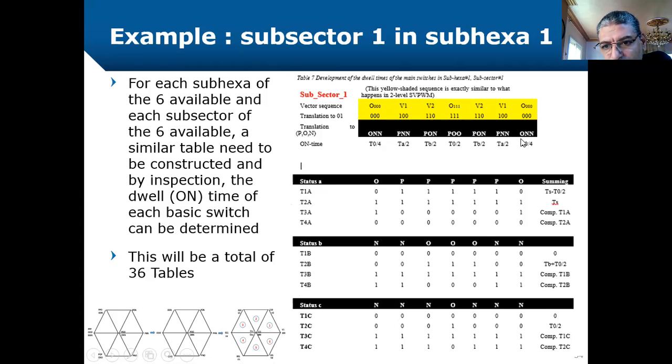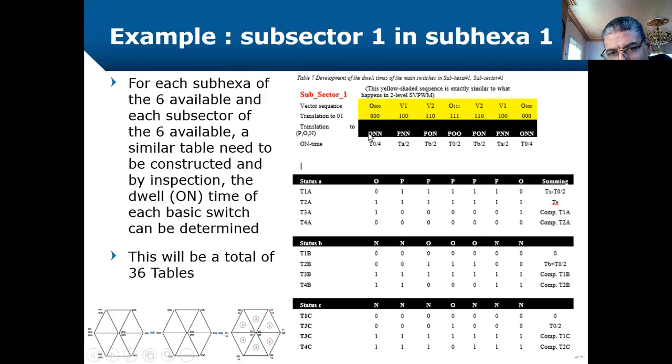We put the markings. The markings tell us how to put 0, 1, the conduction states. For example, look at this. We put the voltages and their translation to 0, 1, and the translation to BON symbols, which is exactly what we use to describe the conduction state here.